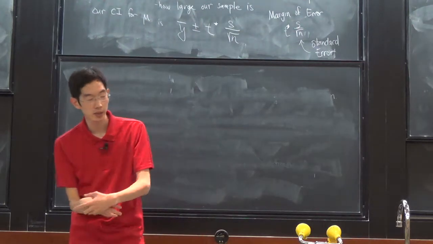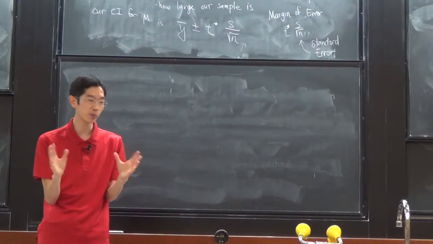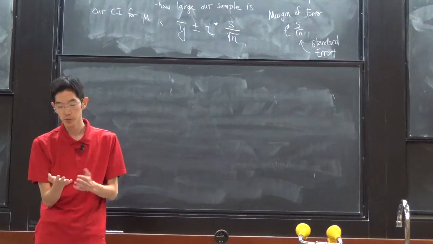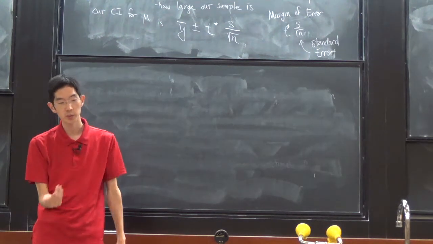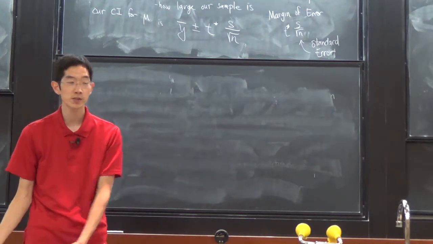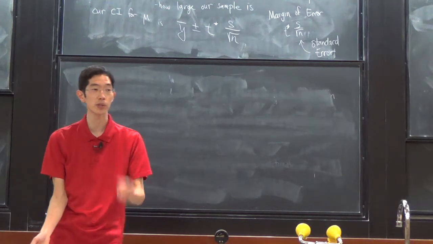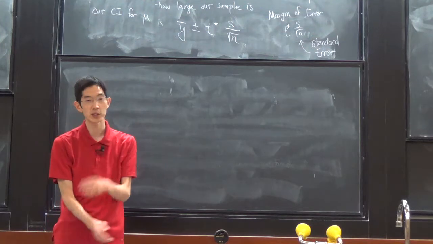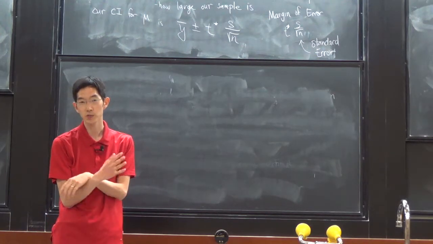And we said it's not correct to talk about probability because probability only makes sense for events of uncertainty. As for the location of mu, there's no actual uncertainty. The location of mu is fixed.